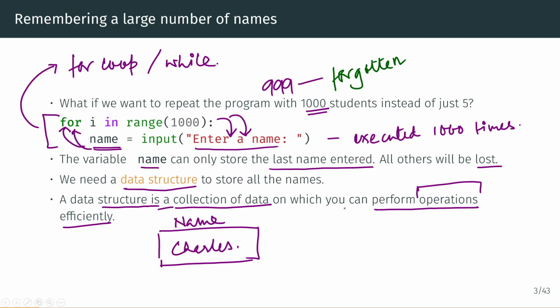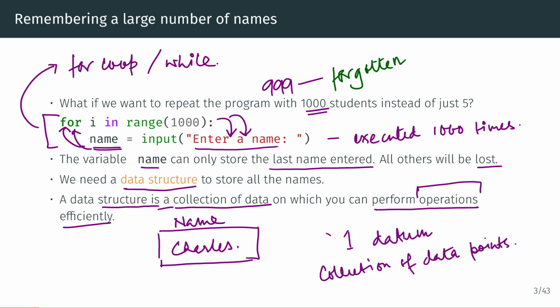A data structure is a structure that stores a collection of data, not just one data point, not just one datum, but a collection. And it lets you perform operations on these collections efficiently.